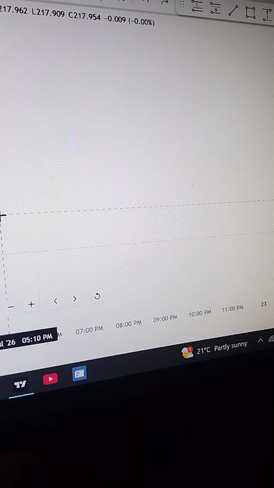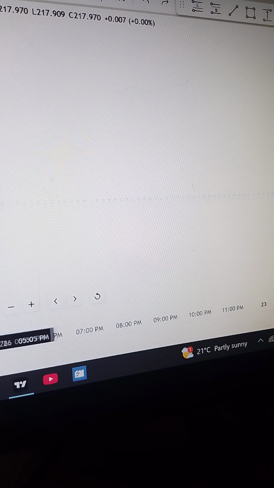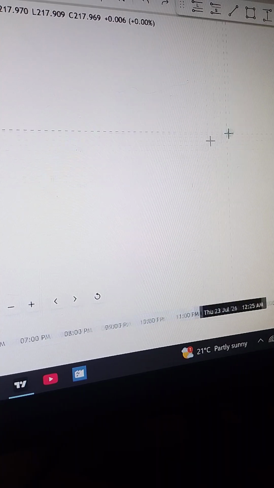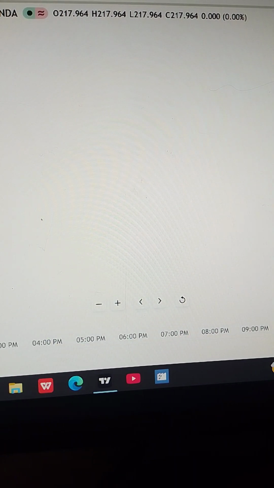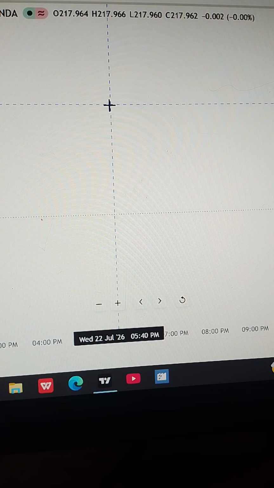And now, after you know the direction, the support, resistance, and adding more positions after every 5 minutes, you must consider the market. Let me show you. You must know when the market is retracing, and this is when we have a change of character or a break of structure.